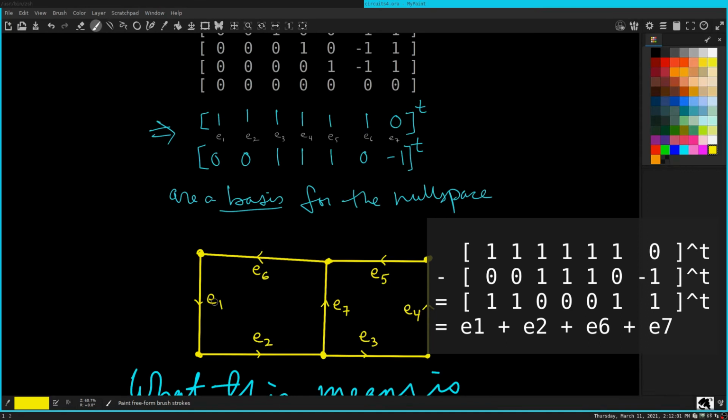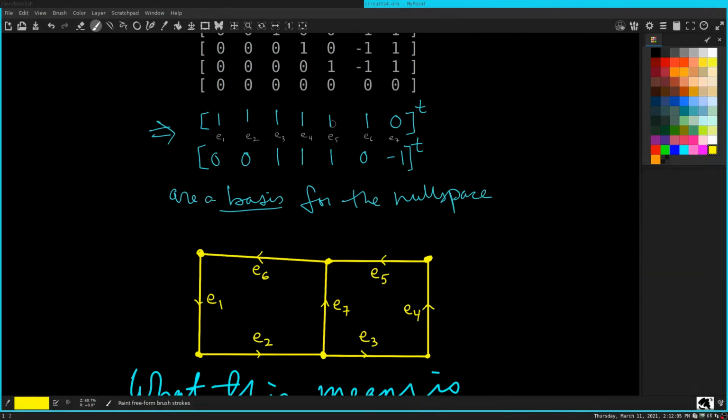So right away, the way to think about this is that the space of loops in this graph is two-dimensional, and we have two independent vectors in that space.